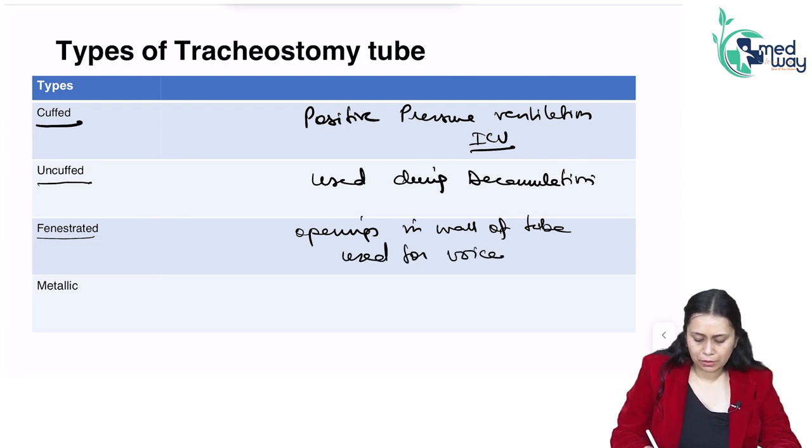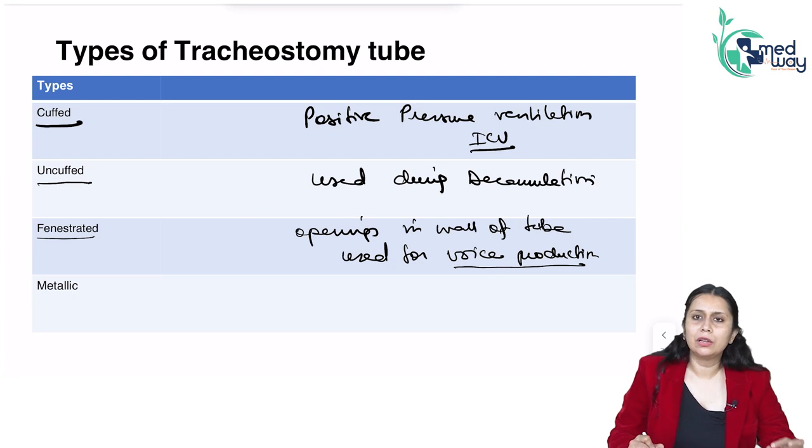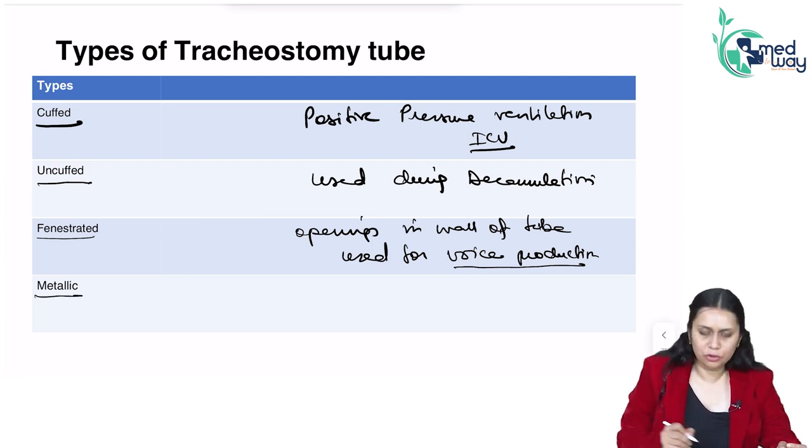So when the patient is encouraged for voice production, this is used. But a number of times there is a risk of aspiration when we are putting a fenestrated tube, and a risk of, let's say, granuloma formation.